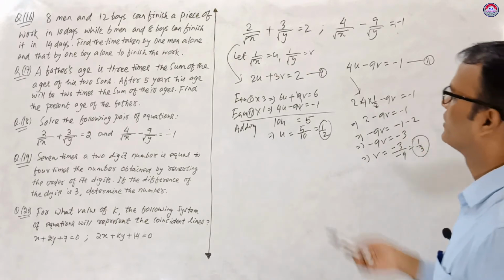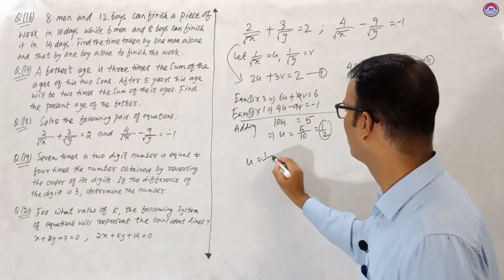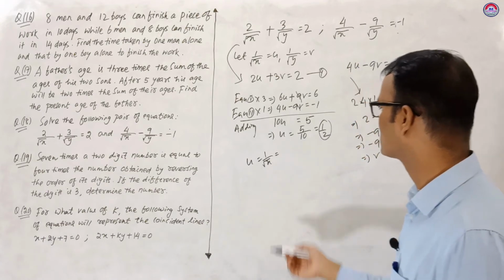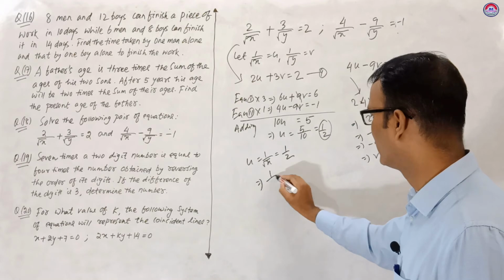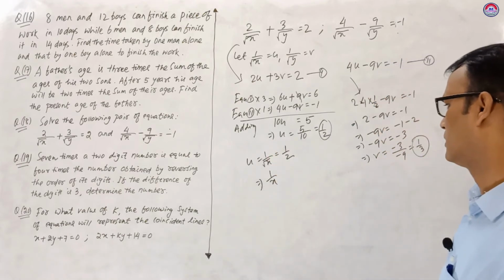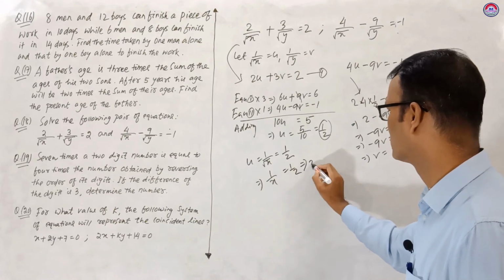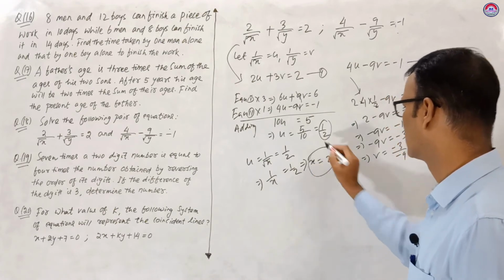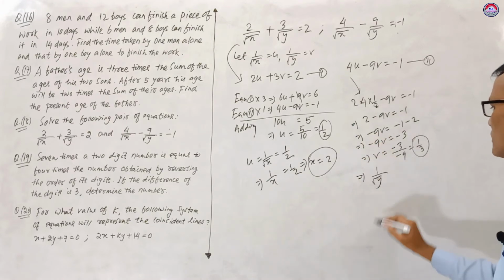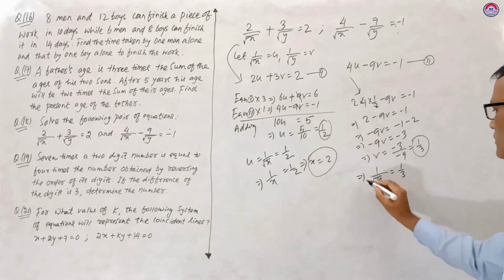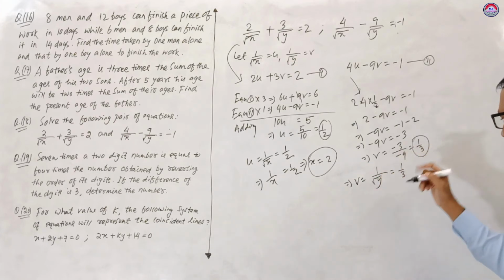What to find? Find the values of x and y. u is what? u equal to 1 by root x. 1 by root x, the value is 1 by 2. Now squaring, we find 1 by x. 1 by root x squared, 1 by x equal to 1 by 4. That implies x equal to 4. Similarly, v is 1 by root y. 1 by root y equal to 1 by 3, because the value of v is 1 by root y equal to 1 by 3.